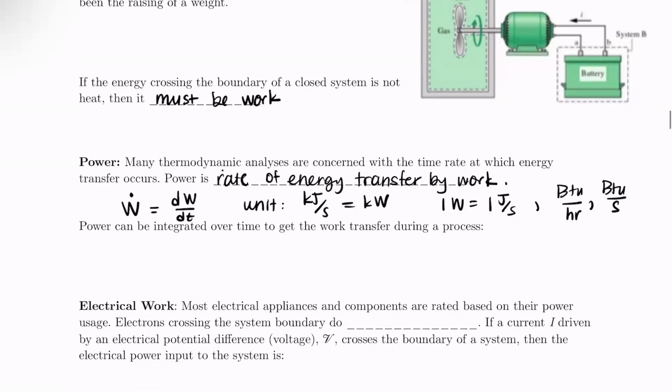Another unit that you may see is a horsepower. So 1 horsepower is equal to 550 feet times pounds of force per second. That's a handy conversion. All right.